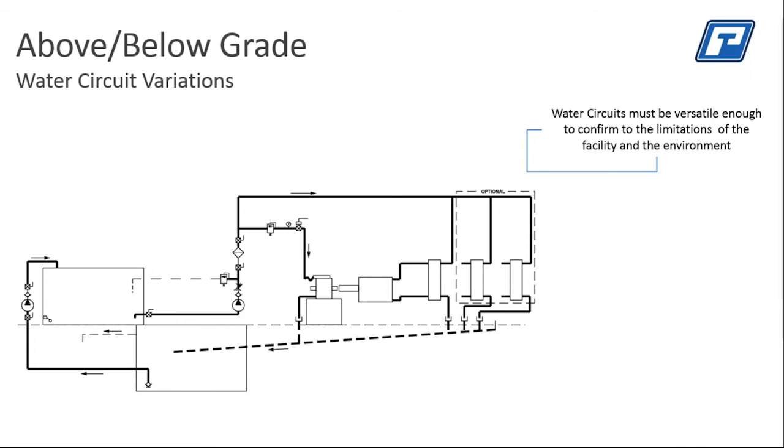But in essence, this is a non-cooling tower system, and we've got water stored via gravity below grade, and we've got a pump system to lift it to the top of the secondary reservoir, and then it's used for providing cool water to the dyno and the engine cooling accessories.